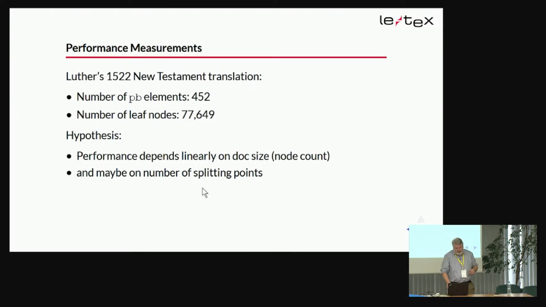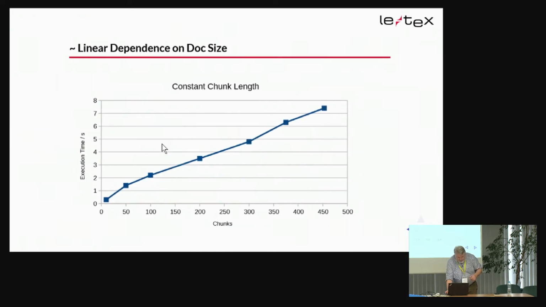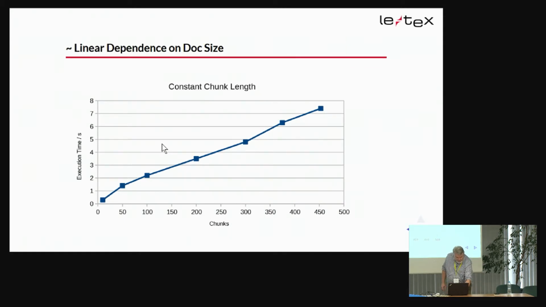So we have this count of page breaks and these nodes, and I thought that the dependence would scale with document size, which turns out to be true. But I also thought it would scale proportionally to the number of split points, which is not true. So I made experiments.